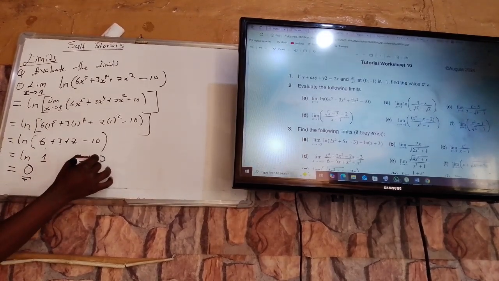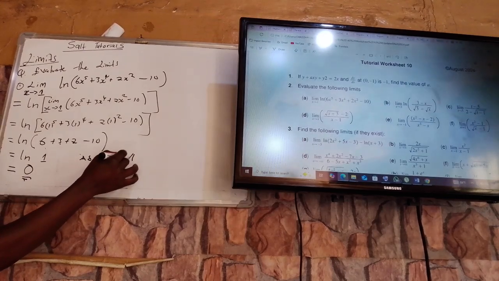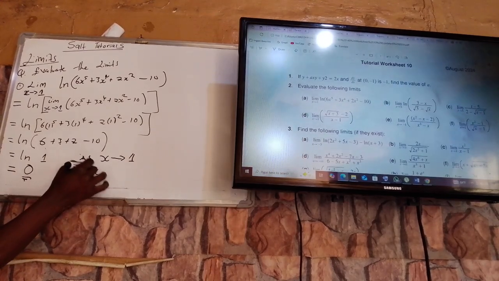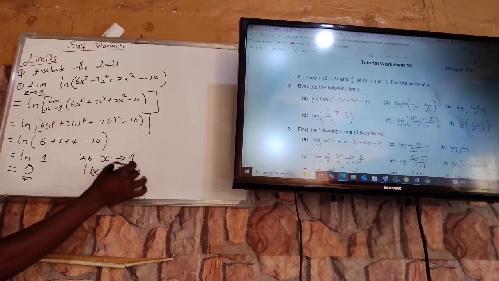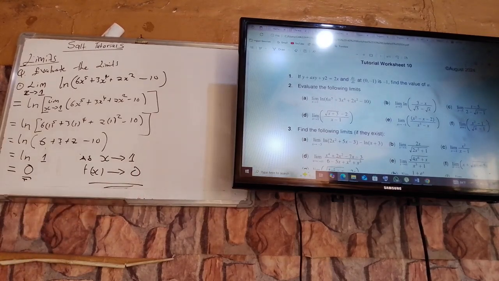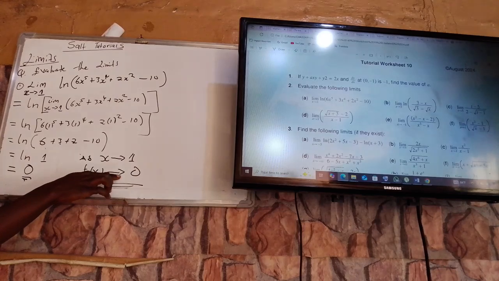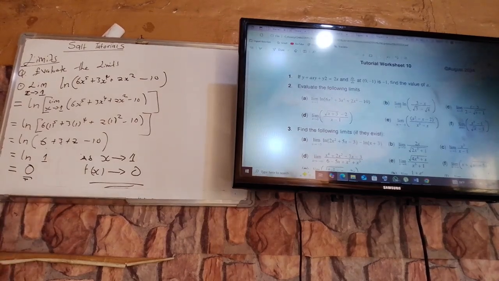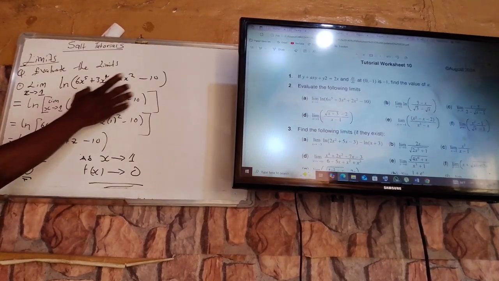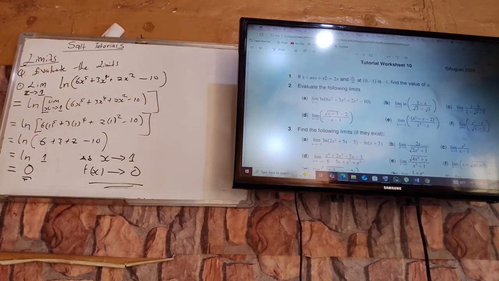So what does this mean? As x approaches 1, f of x approaches what? 0. This is what we mean. So the more we draw nearer and nearer to 1 in the x values, the y values will be drawing closer and closer to what? To 0. Remember, this is a function, x comma 1, obviously to have the domain set and the range set.